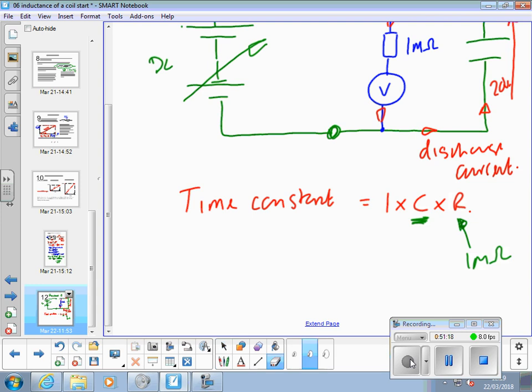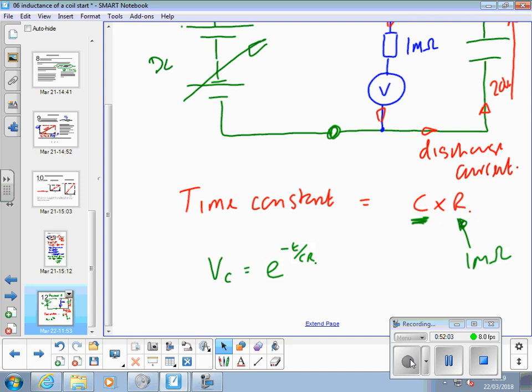So the time constant is equal to C times R. You also know that VC is equal to E to the power of minus T over CR. You want to find what CR is, that's the time constant, because then you can rearrange that formula and find C.